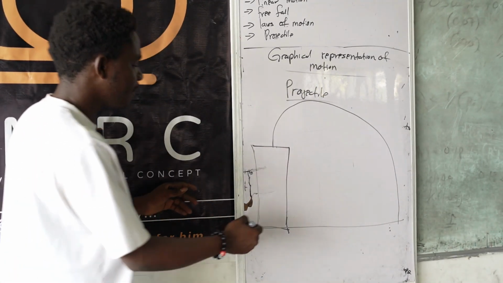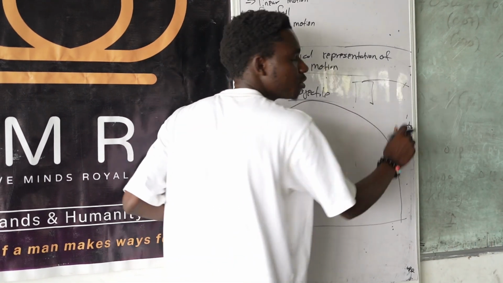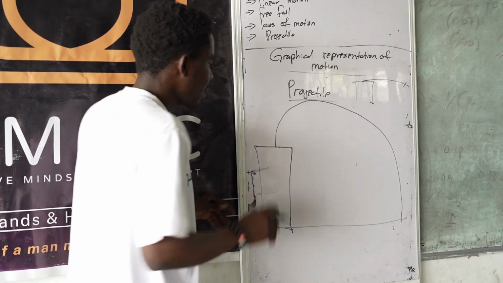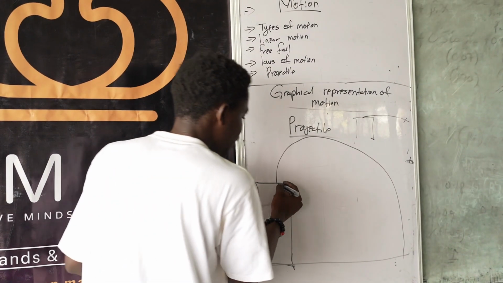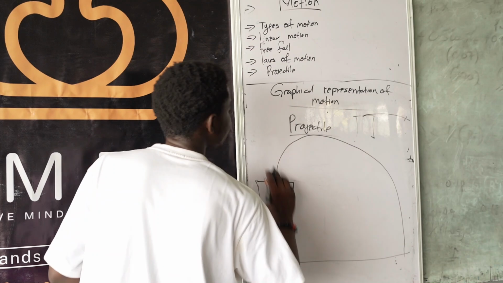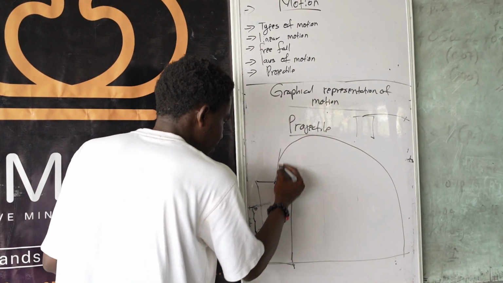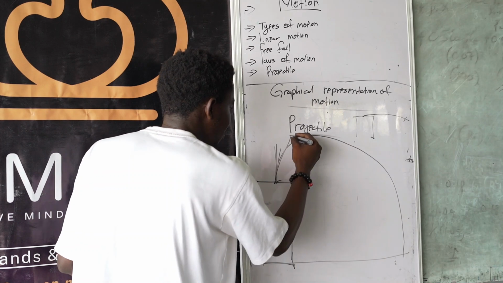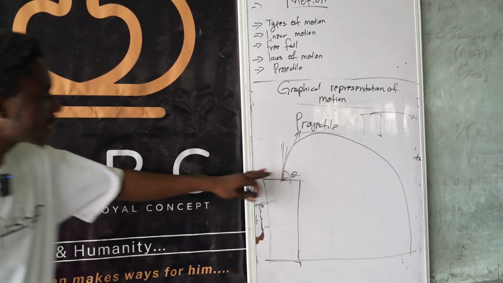It's different from projecting something horizontally. I'm on top of something and I kick it up, so this curve was not projected horizontally. It was projected upward first, at a particular angle to the horizontal.